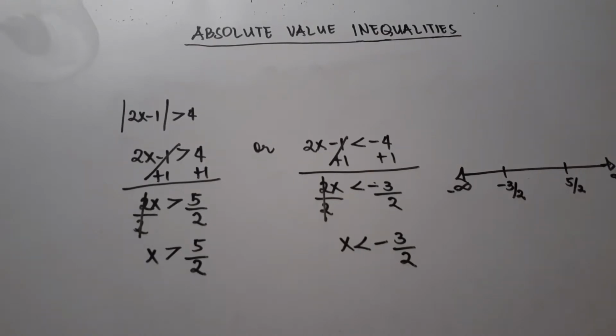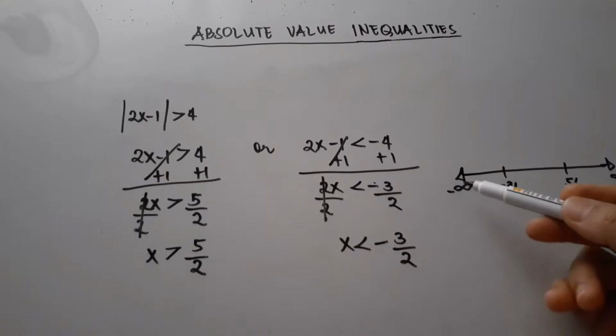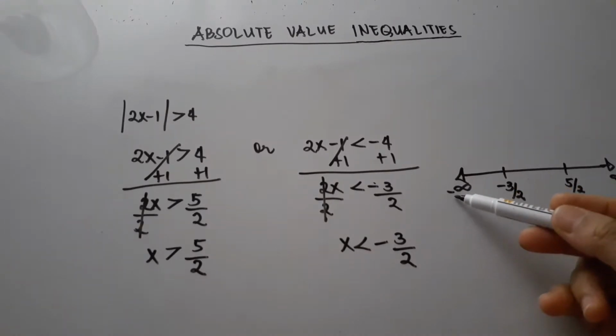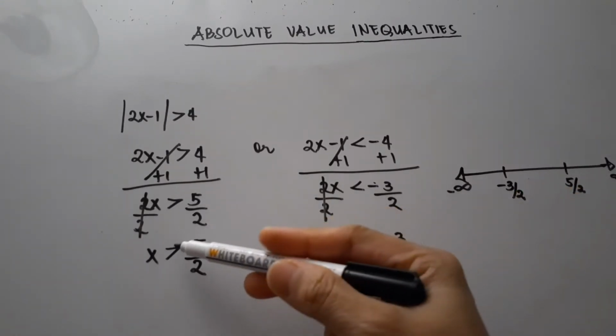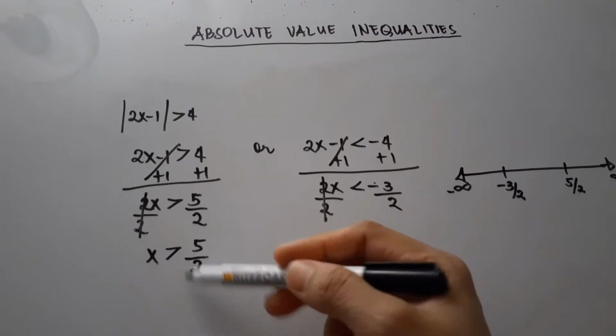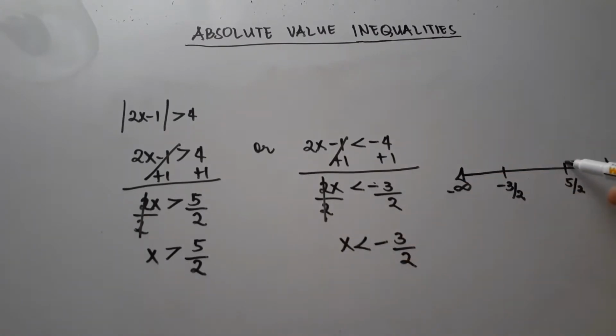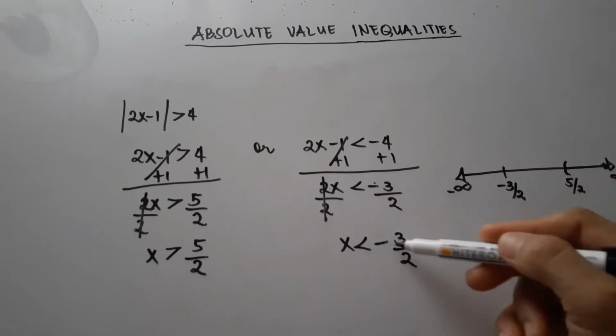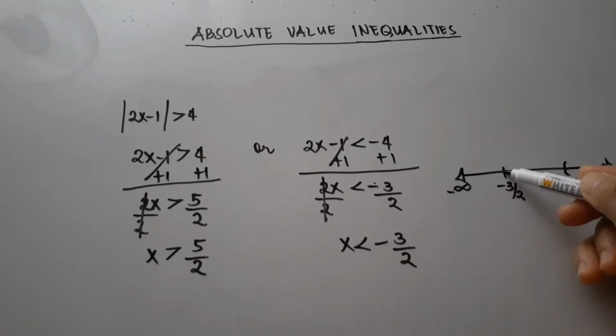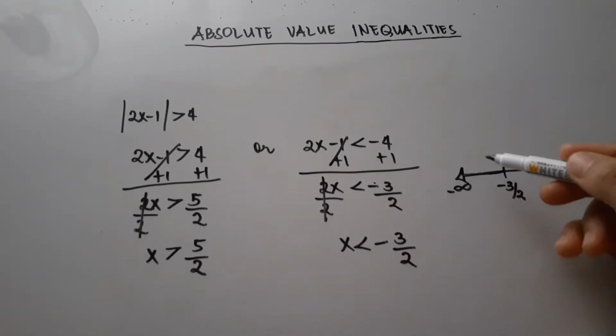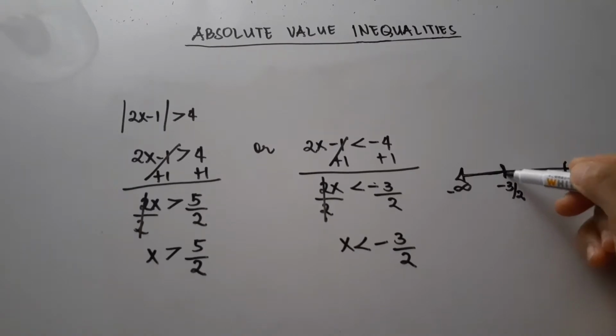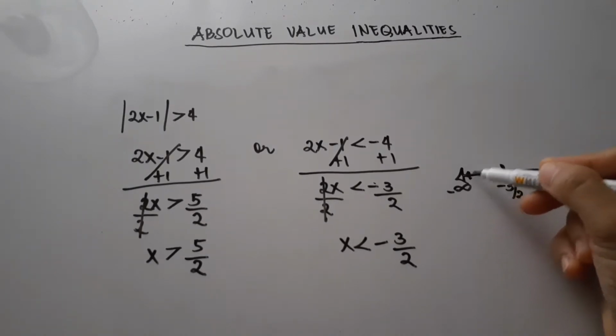We draw the directions: x greater than 5 over 2 is an open interval going to the right, and x less than negative 3 halves is an open interval also going to the left.